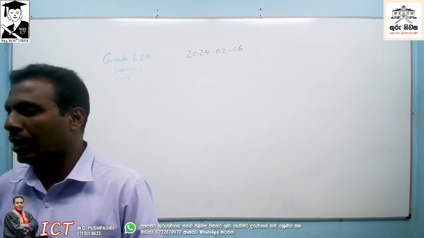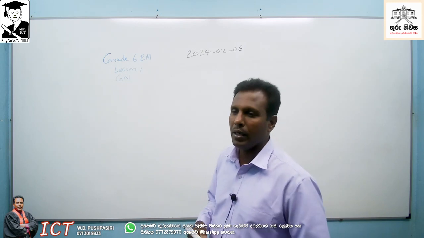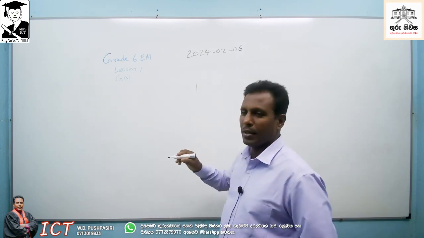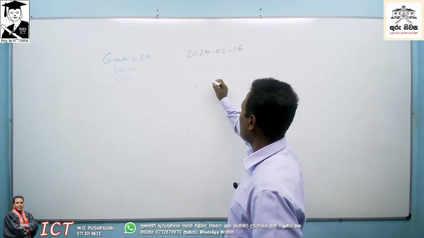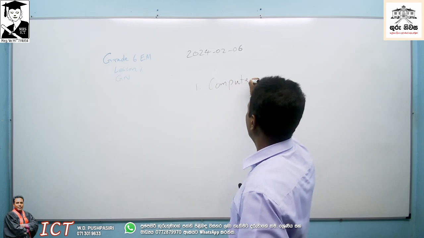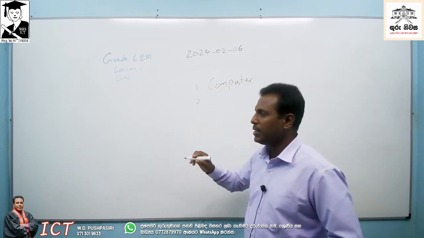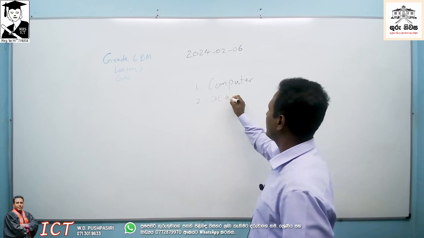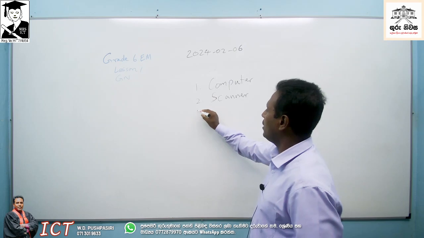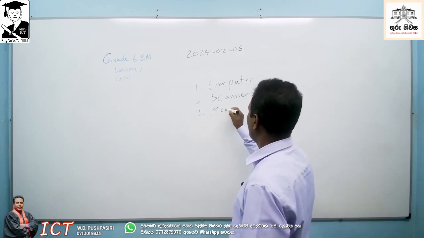Right. You know, what are the items available in the computer lab? Can you tell me? One is a laptop or computers, no? Yes. Alright. What else in the computer lab? Scanners. Right. What else can you see? A mouse. What else?